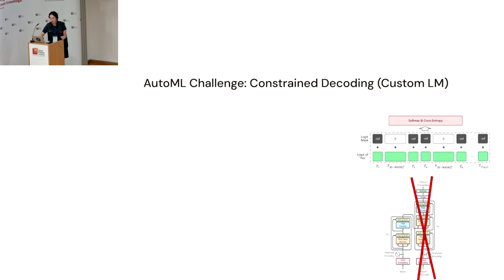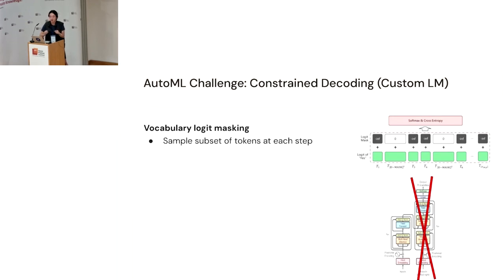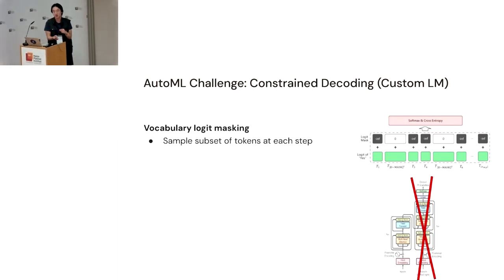They're not all universal. For example, for custom-trained LMs you're doing yourself, there are tricks such as vocabulary logit masking. This means that you sample a subset of tokens at each step, right? If you know that you only want to sample the numeric tokens, then you can mask out the non-numeric tokens, like the English tokens, to always obtain some sort of numeric token.